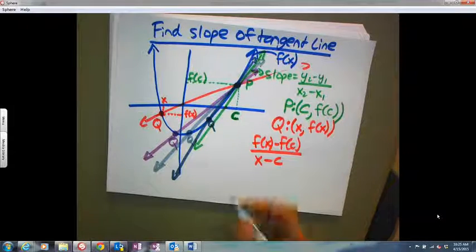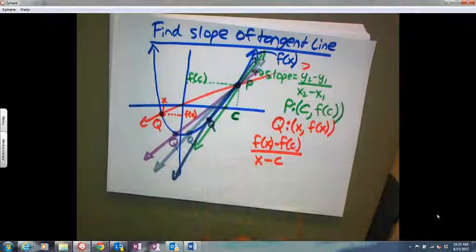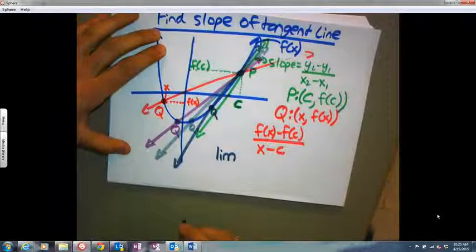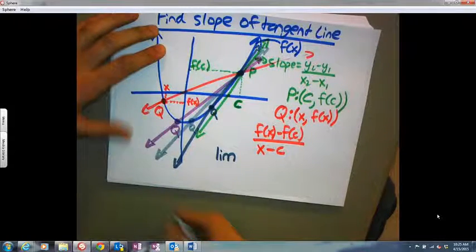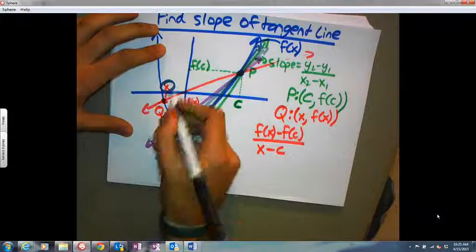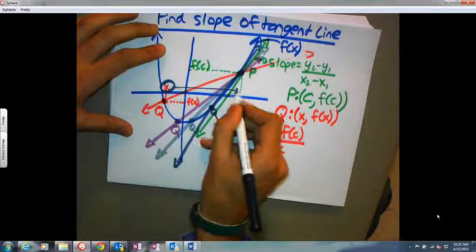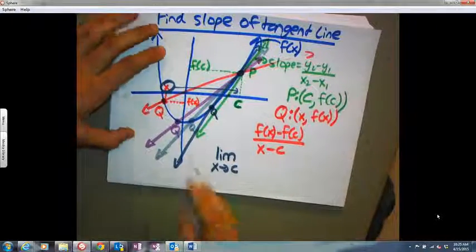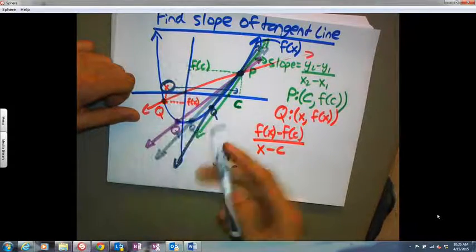In some senses, we want to take the limit. Here's how this connects back to what we've been talking about: the limit as this x gets closer to c. Because we would ideally want Q to be right here next to c. And we want to take the limit of what?